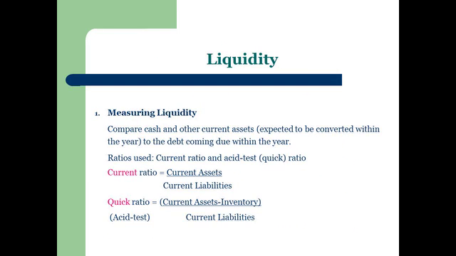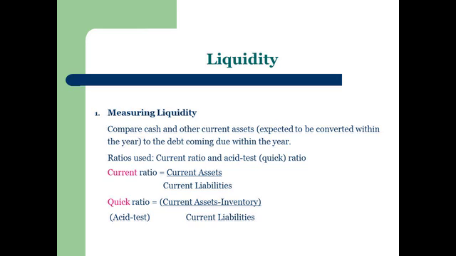Let's discuss the first ratio, that is liquidity ratios. In the previous slide, we have already told you that liquidity ratios measure a firm's ability to satisfy its short-term obligations as they come due. So, how do we measure liquidity? It is by comparing cash and other assets that are expected to be converted within the year.